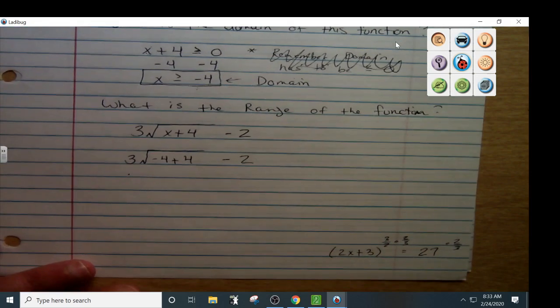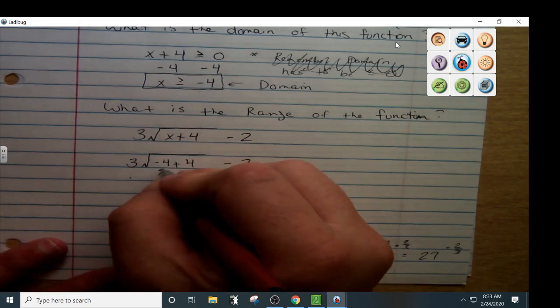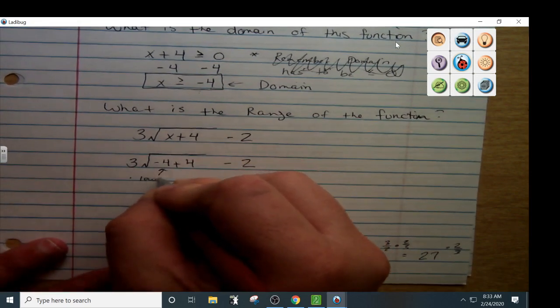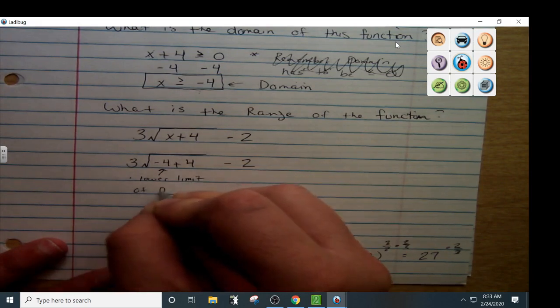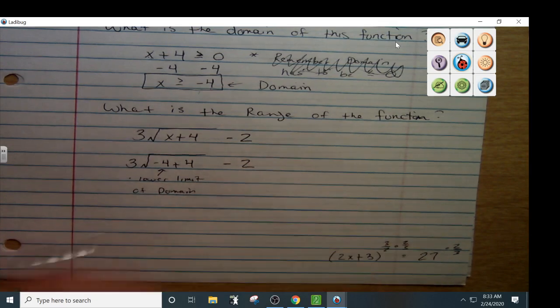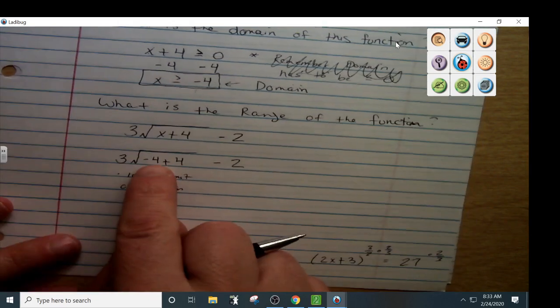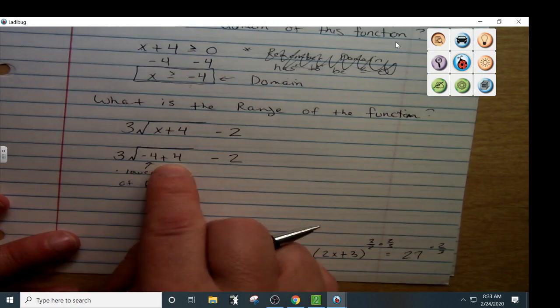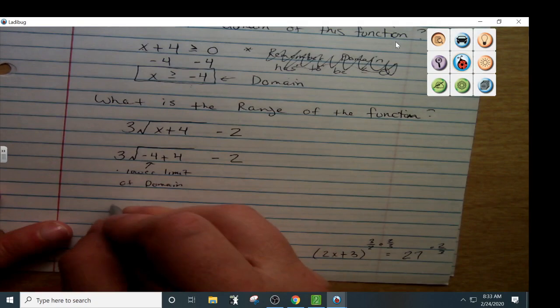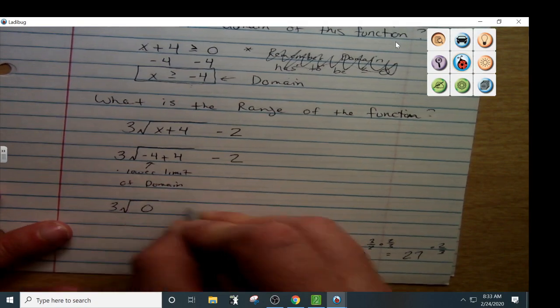Okay, so I plugged in the lower limit. Now, guys, what's this going to always be here? -4 plus 4 is what? 0. It's always going to be 0. So it's 3 times the square root of 0 minus 2.